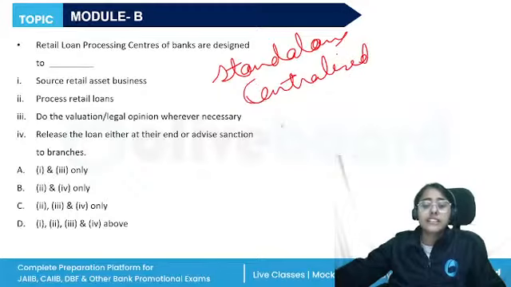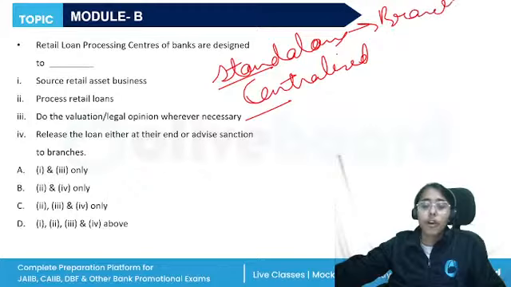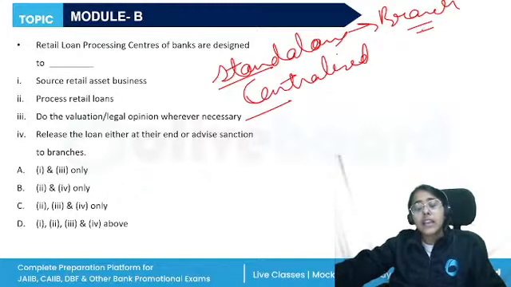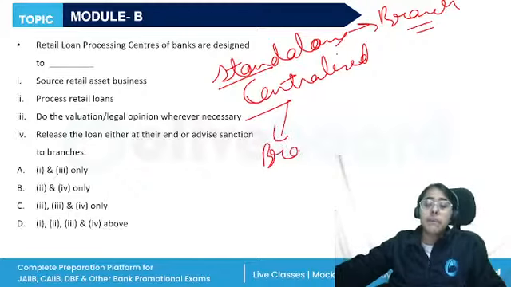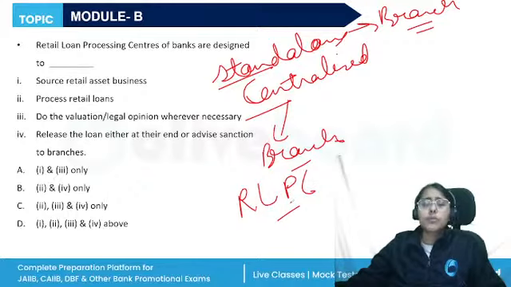The stand-alone model is where the branches of the bank perform end-to-end functioning, right from the application to the verification of documents, sanctioning, disbursement, follow-up, everything is done by the branch. In the centralized model, from the branch the application is sent to the RLPC or the loan processing hub or factory. There the next steps are done: verification of documents, decision on the sanction, disbursement, follow-up, right?